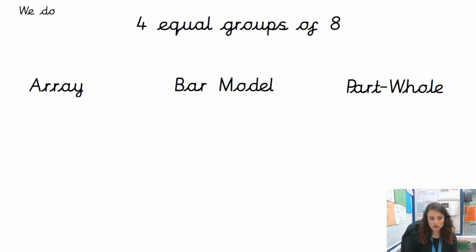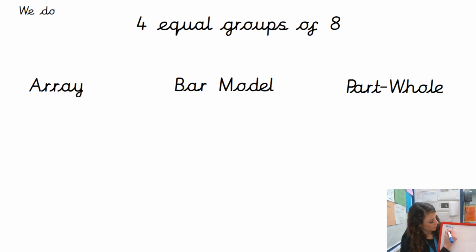So we're going to do this one now. 4 equal groups of 8. We're going to do it as an array, a bar model, and a part whole model, just like we just had a look at. Okay, we're going to do it as an array first. So it's 4 equal groups of 8. 1, 2, 3, 4, 5, 6, 7, 8.